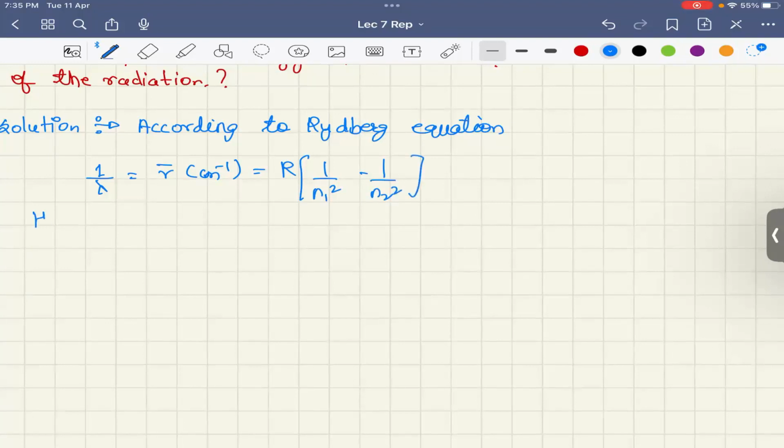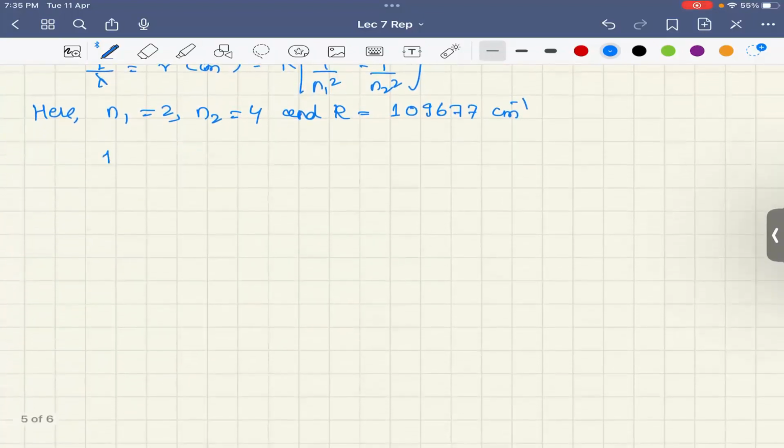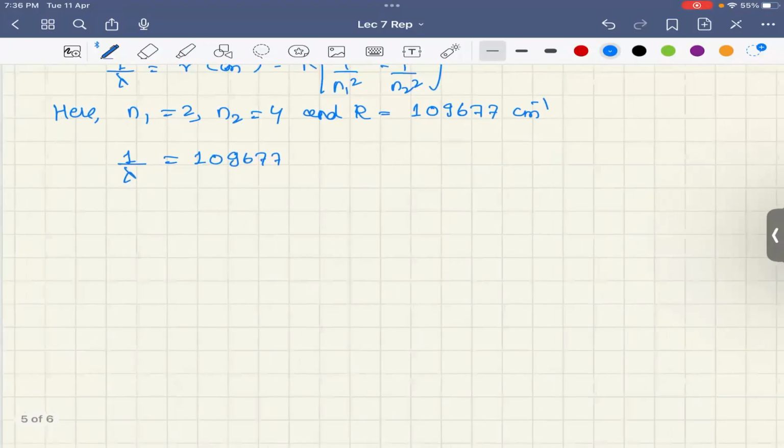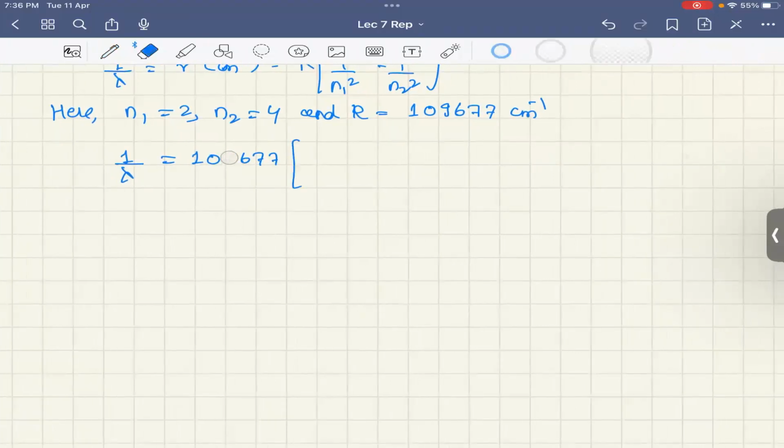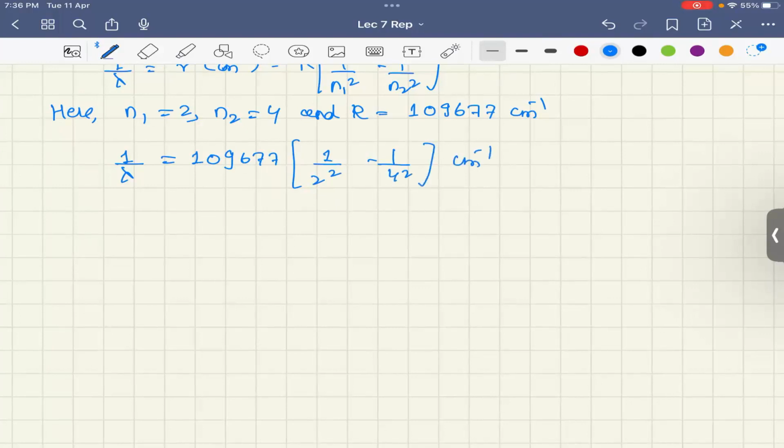So we are already given n1 is equal to 2, n2 is equal to 4, and R is equal to 109677 centimeter inverse, which means 1 by lambda is nothing but, we just put in the known values to get this expression: 1 by 2 square minus 1 by 4 square, in centimeter inverse.